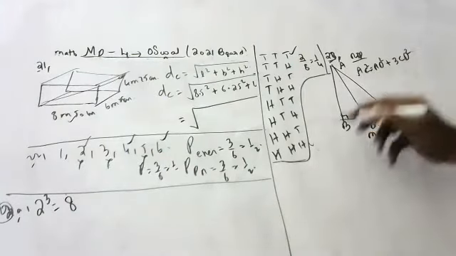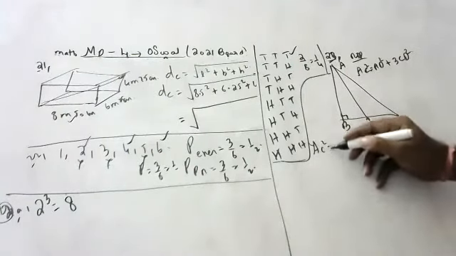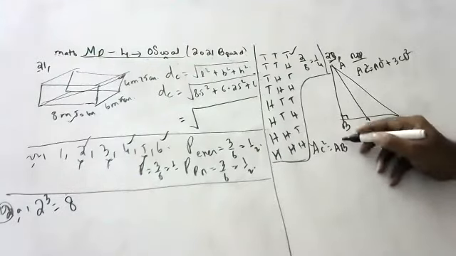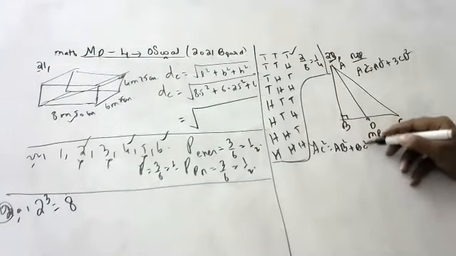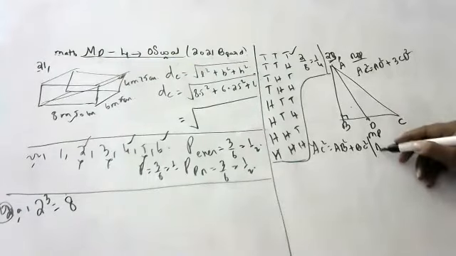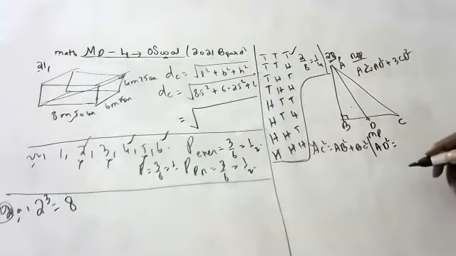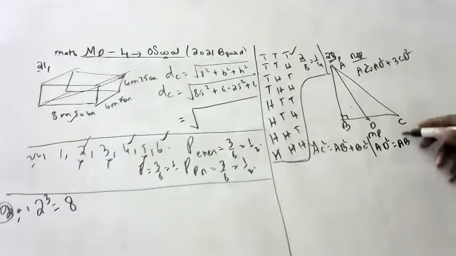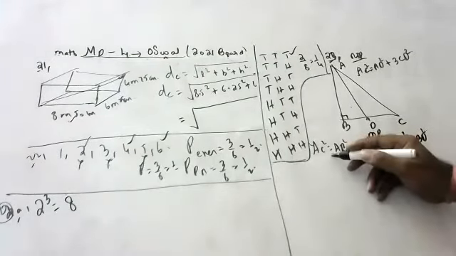Yes, sir. Original triangle ABC: AC square equals AB square plus BC square. Small triangle: AD square equals AB square plus BD square. Okay, so we'll take this only.